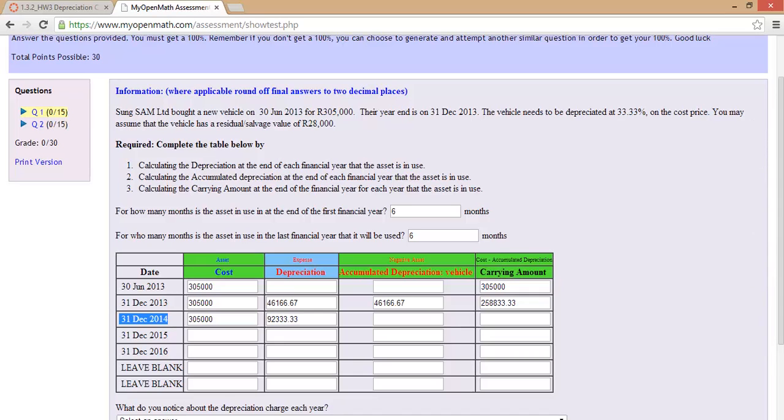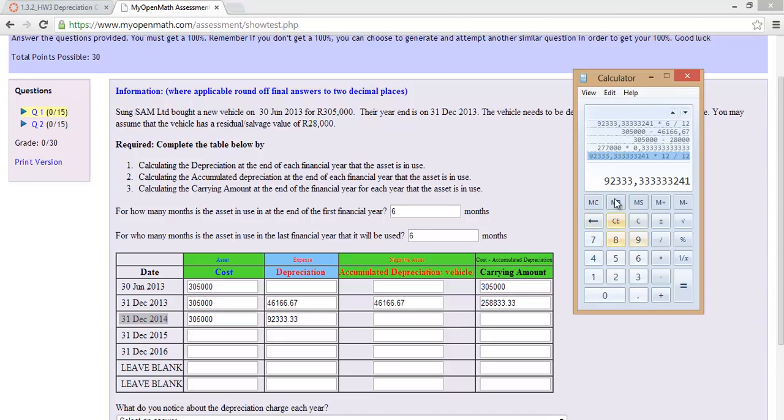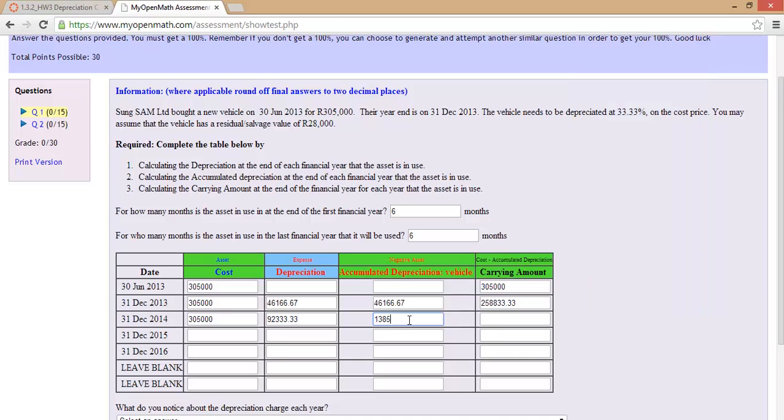So let's grab the calculator here. 92,333 plus the 46,166.67, and that gives me a nice round 138,500.